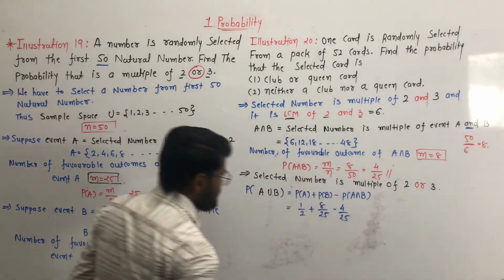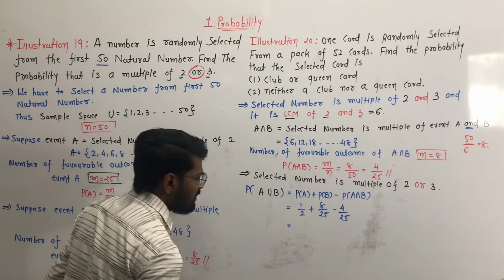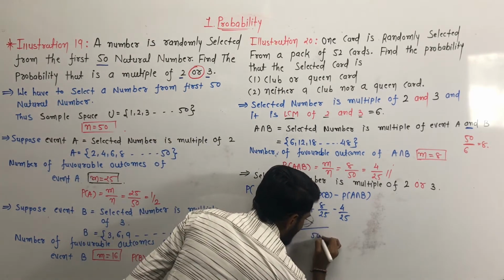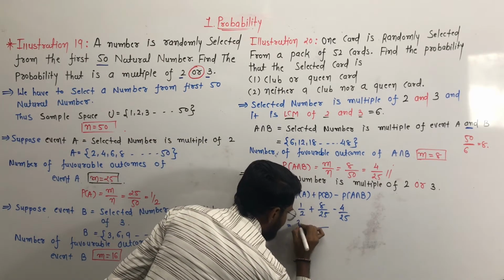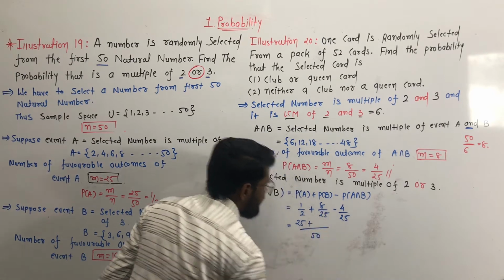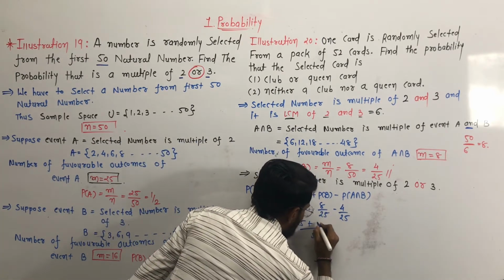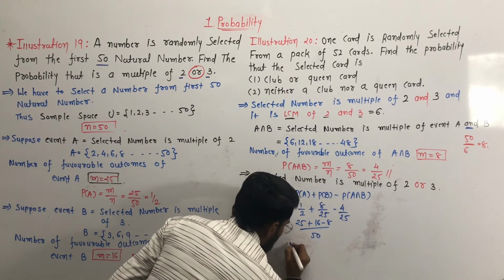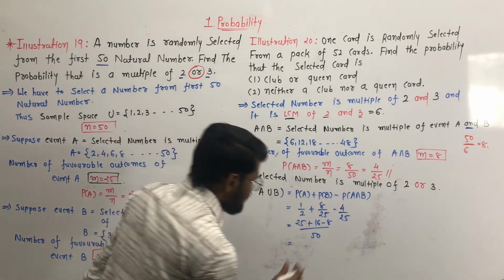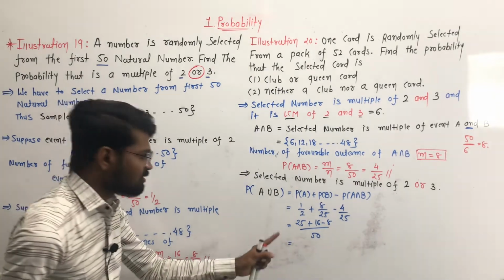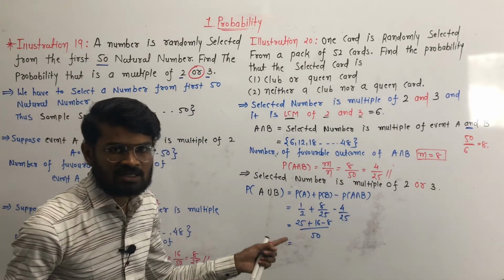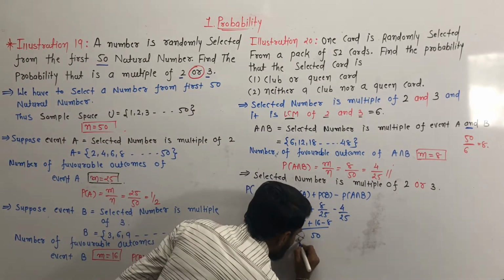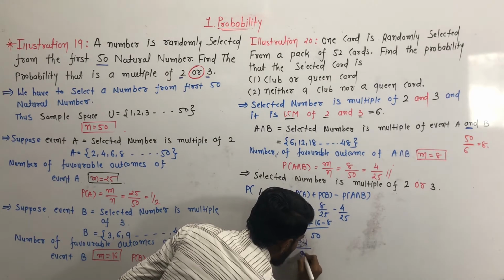Yes, so the LCM is equal to 50. Yes, so here multiply by 25, here multiply by 2 means 16, here multiply by 2 is equal to 8. Okay, so our answer is 16 minus 8 is equal to 8 and 25 plus 8 is equal to 33. Yes, so it is equal to 33 upon 50.